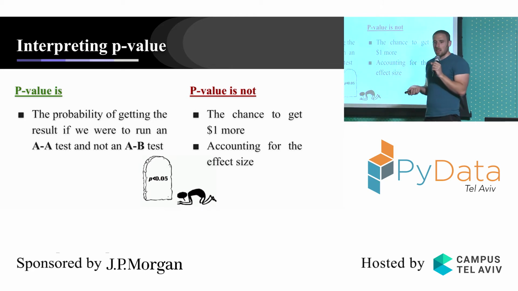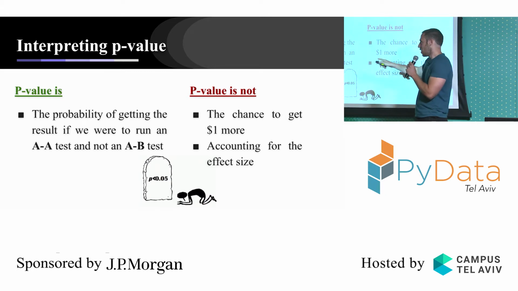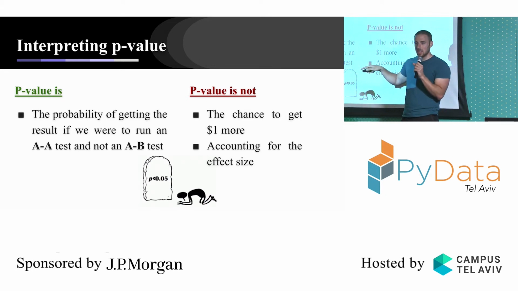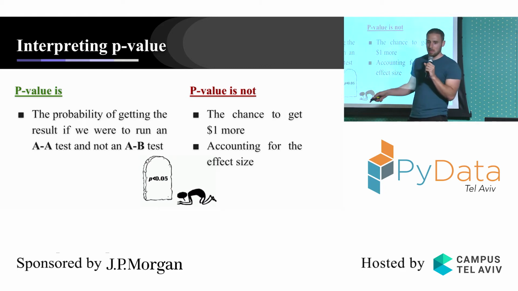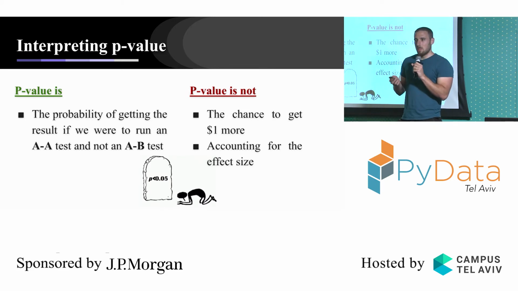And actually, it does not account for the effect size. It could be 1 cent, it could be $10. The p-value doesn't care. What the p-value actually is, is the chance of getting the same results if I were to run an AA test, meaning showing the rectangular ad twice. What are the chances of getting the same difference? That's it. It's kind of backward from what most people understand, but that's the formal definition.